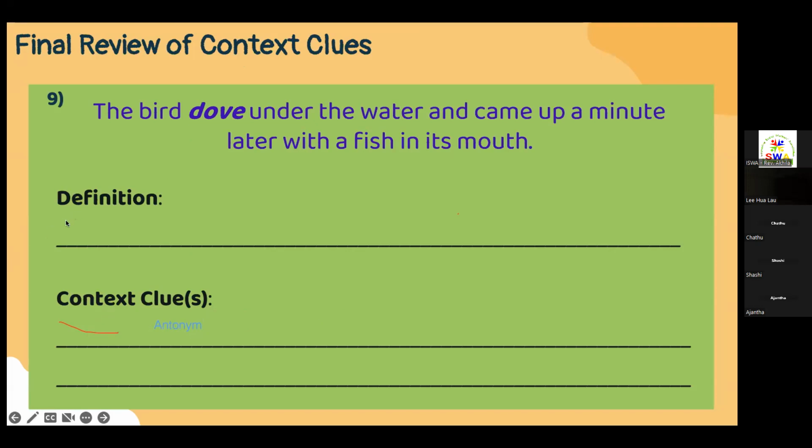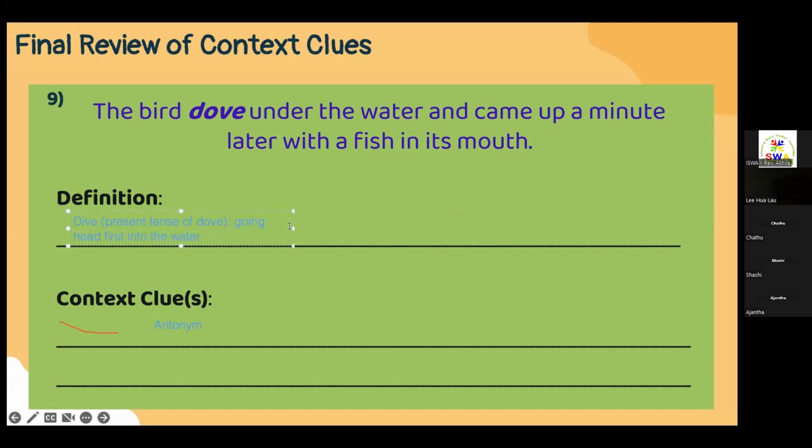Actually, it's a bit difficult, I know. Dove can be a bird, as I think Chatu mentioned, but for this example, it is an action word. Dove is the past tense of dive, and it means going head first into the water.